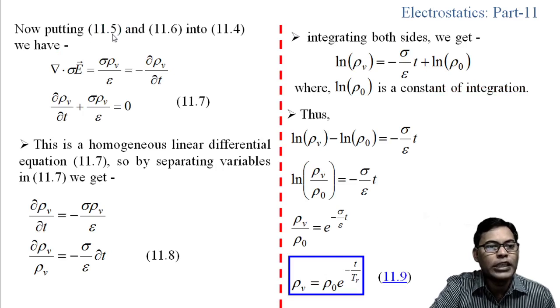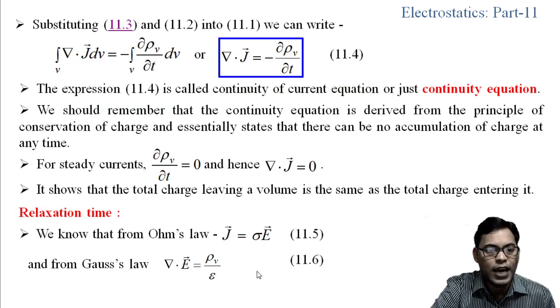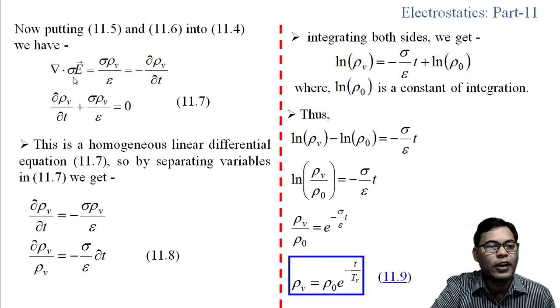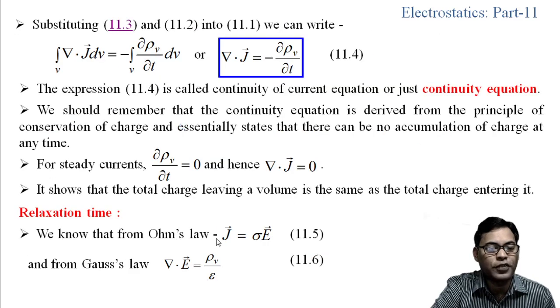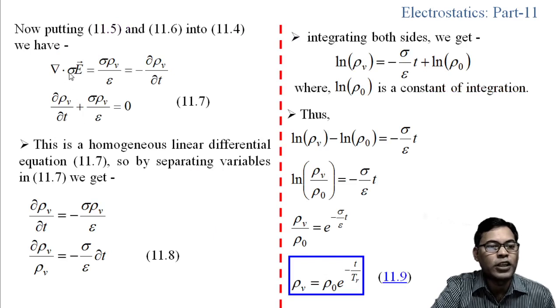Now putting equations 5 and 6 into equation 11.4, here you see that this expression J and del dot E, we are going to put into 11.4, that is the continuity equation. So here del dot J means del dot sigma E, and we know the expression of del dot E, which is rho V by epsilon.